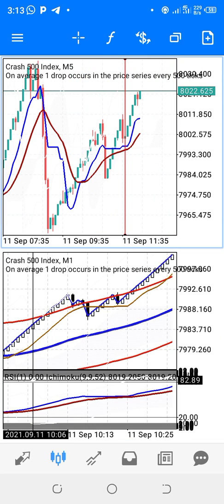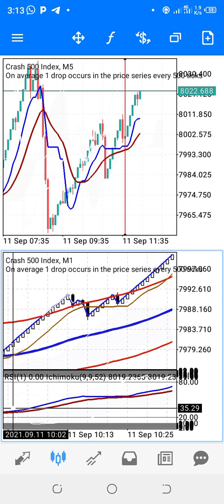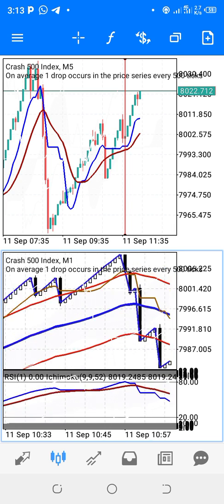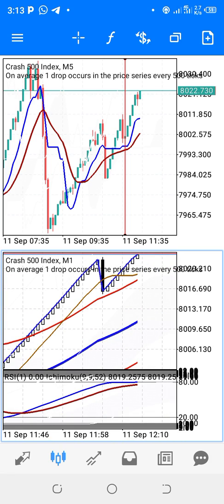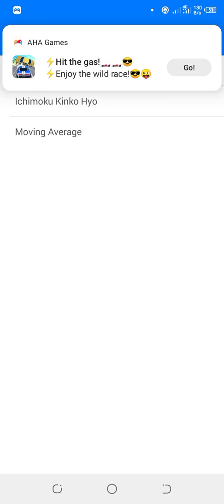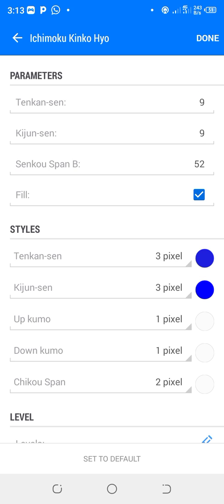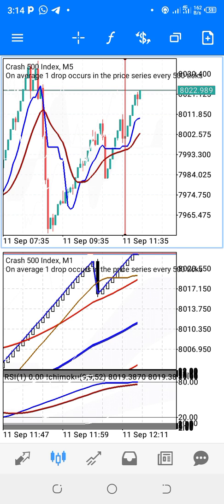So I'm going to show you guys the settings quickly. Now for the trend detection, you press F, Ichimoku. This is the setting for Ichimoku: 9, 9, 52, fill, Tenkan-sen 3 pixels blue, Kijun-sen 3 pixels.